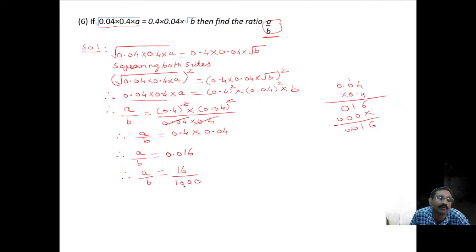Then again, which number can I use to reduce this to the lowest form? I can still reduce this. So which number should I use? If I use 4, and as per the reduction, we will be getting a upon b is equal to 2 upon 125. So this is the value of what we got.